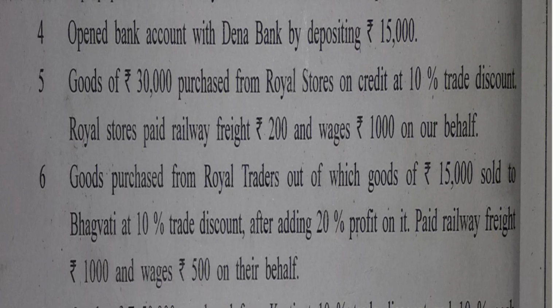Next, goods of rupees 30,000 purchased from Royal Stores on credit at 10% trade discount. Royal Stores paid railway freight rupees 200 and wages rupees 1,000 on our behalf.